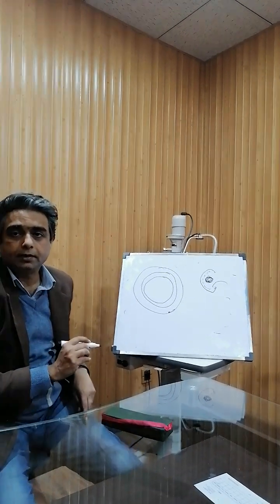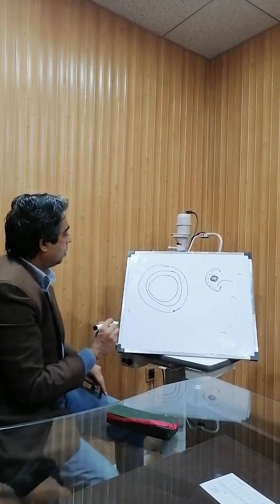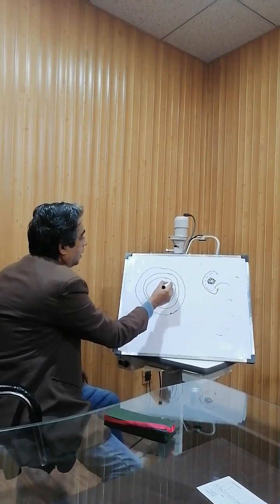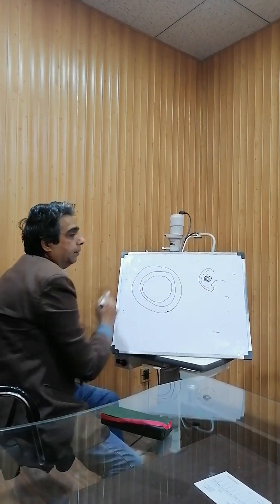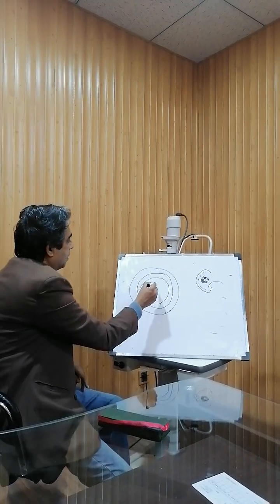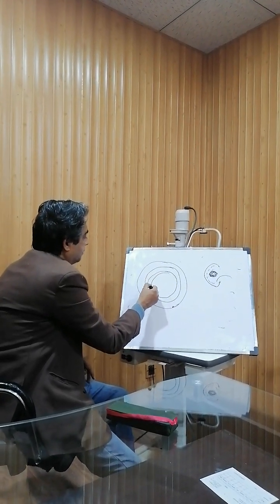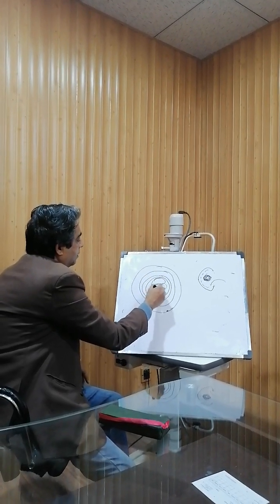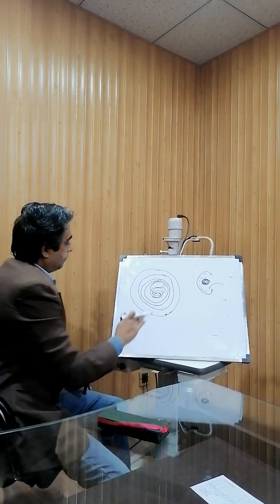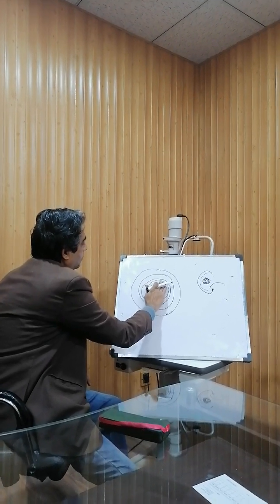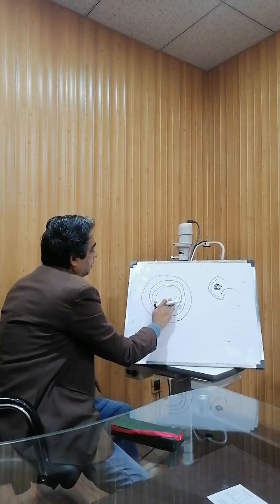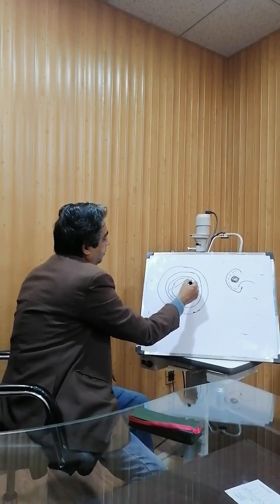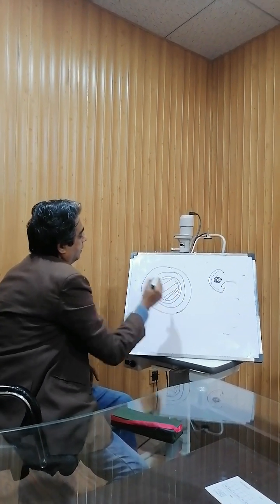Are you getting my points? So by doing this, the nucleus will become mobile. So this is the nucleus which is now mobile. Okay. This is the nucleus, let me draw it like this.